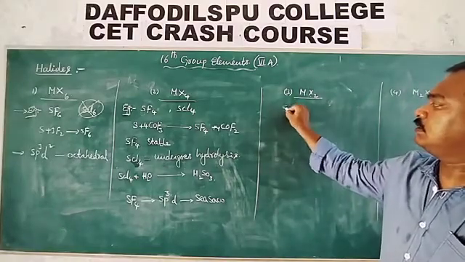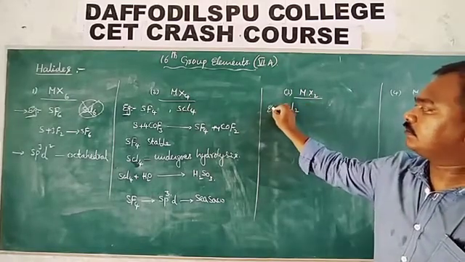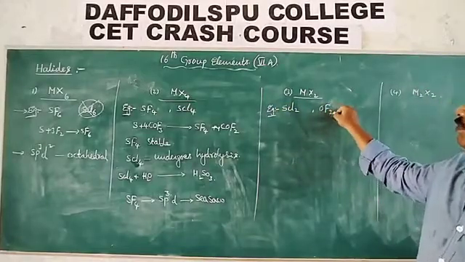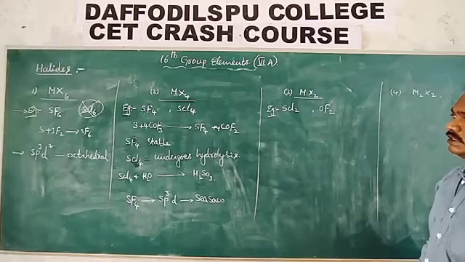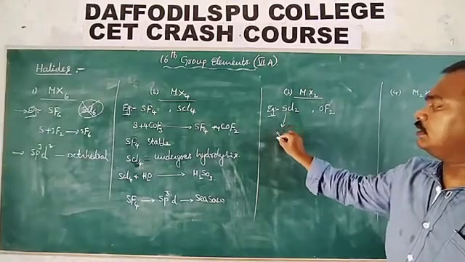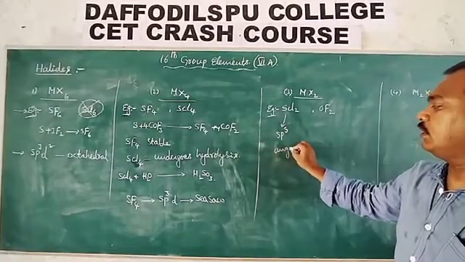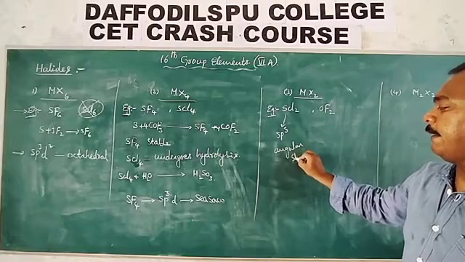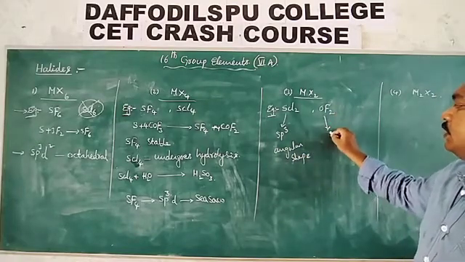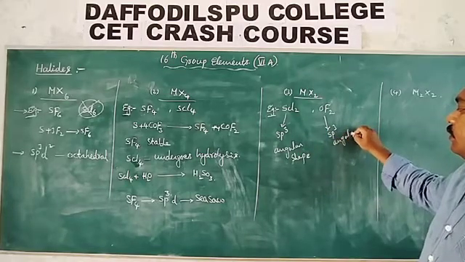One example is SCl2, another is OF2. Both have sp3 hybridization and angular shape.